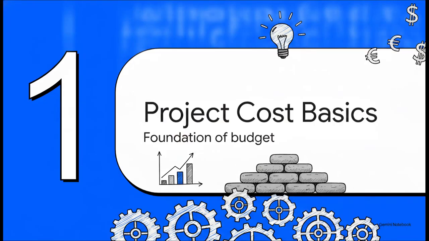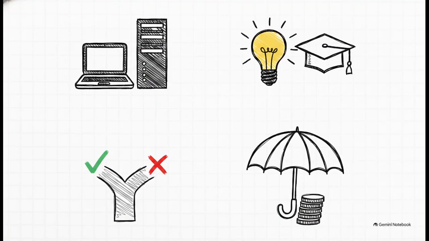All right, let's jump right into Section 1, the basics of project costs. Before we can even think about calculating a budget, we need to know what actually goes into it, right? Every single dollar you spend on a project is going to fall into one of these four fundamental categories. First, we have direct costs. These are the tangible things directly tied to your project's execution. Think hardware, software, and licenses.